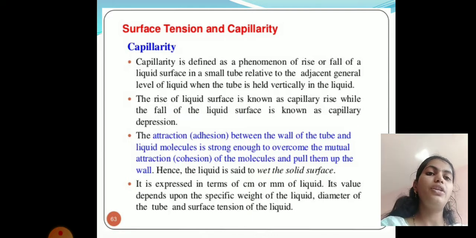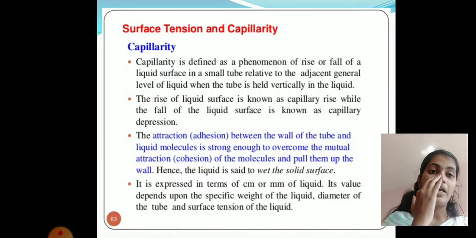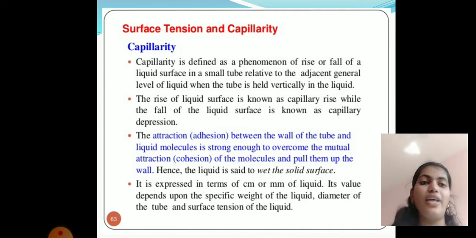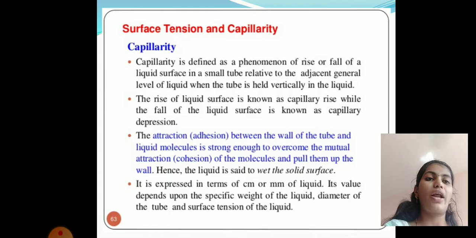The rise of the liquid surface is known as capillary rise, while the fall of the liquid surface is known as capillary depression. It means that when the liquid in the capillary rises, it is a capillary rise, and when the liquid in the capillary falls, it is known as capillary depression.